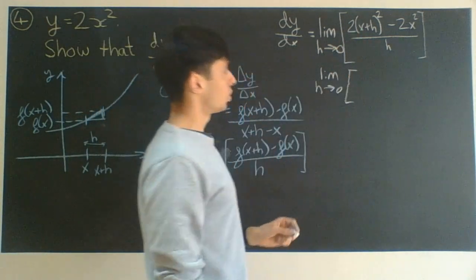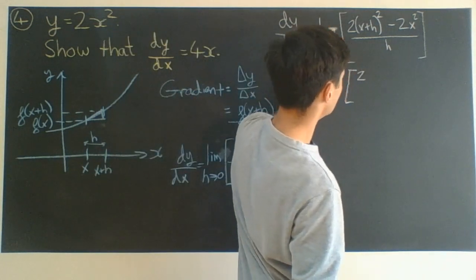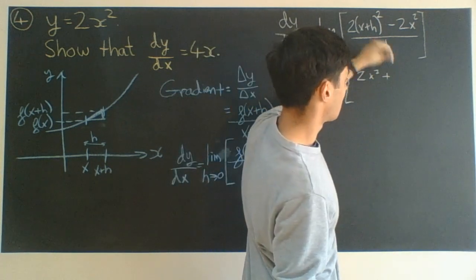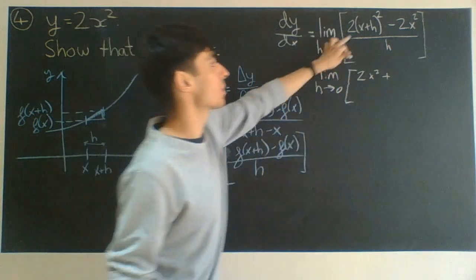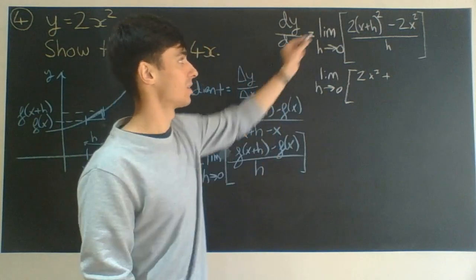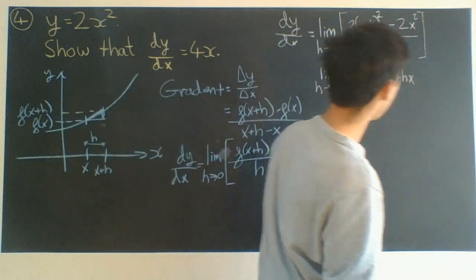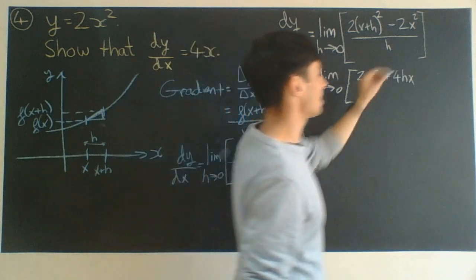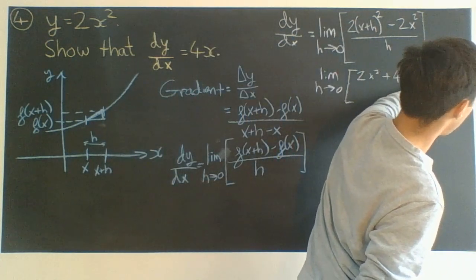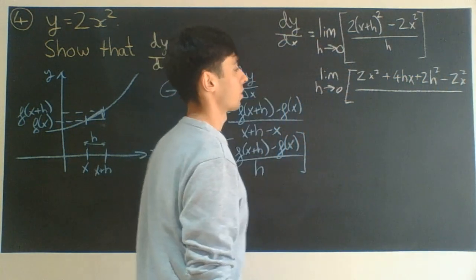Well, 2 times x plus h squared is going to give us 2, we've got x squared plus 2xh, or 2hx, multiplied by 2 should give us 4hx, plus 2h squared, minus 2x squared. And all of this is going to be over h.